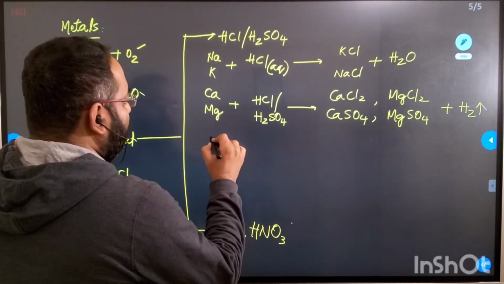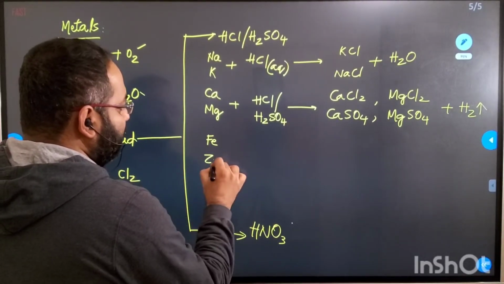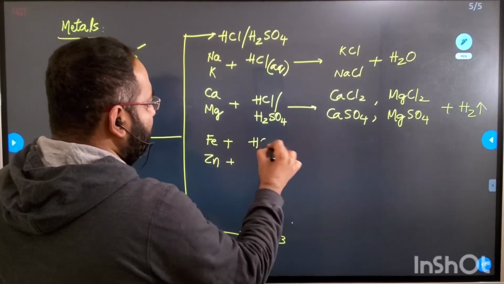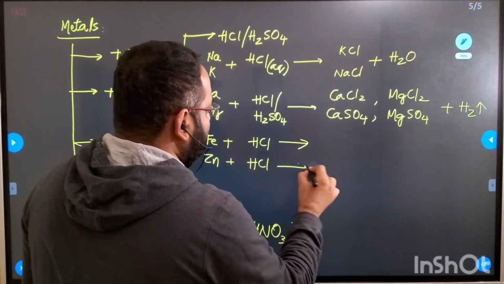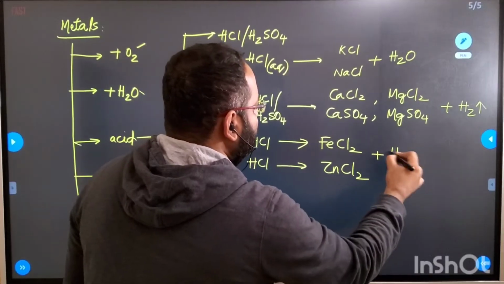Similarly, if I go into iron or zinc, that will also give me a similar reaction. This is going to give me FeCl2, this is going to give me ZnCl2, plus hydrogen gas.